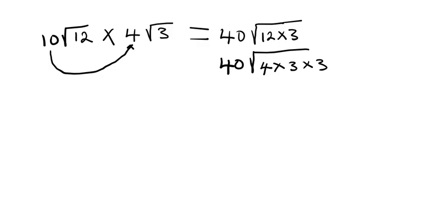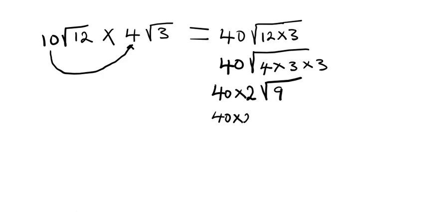So here we're now going to have 40 multiplied by square root of 4 will give us 2. We bring 2 out. We have square root of 9. 3 times 3 is what? It's 9.